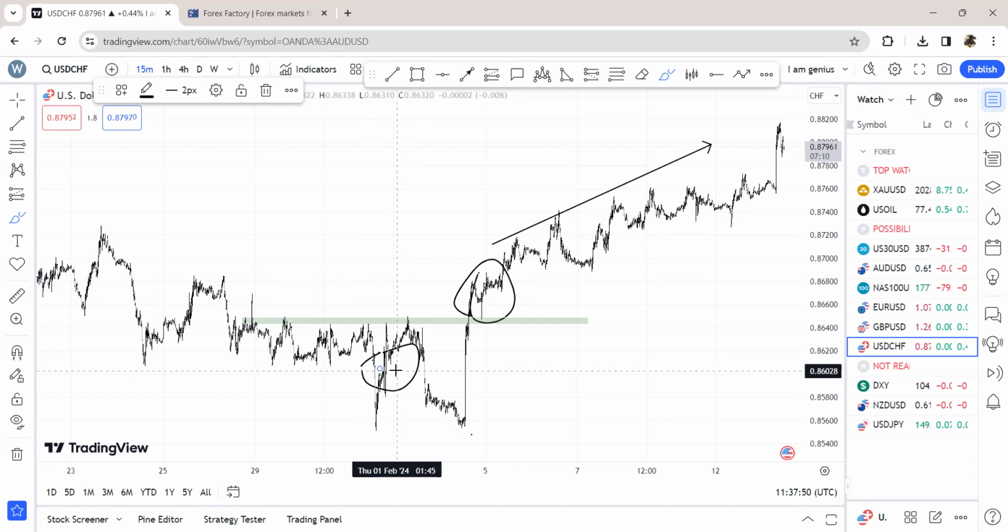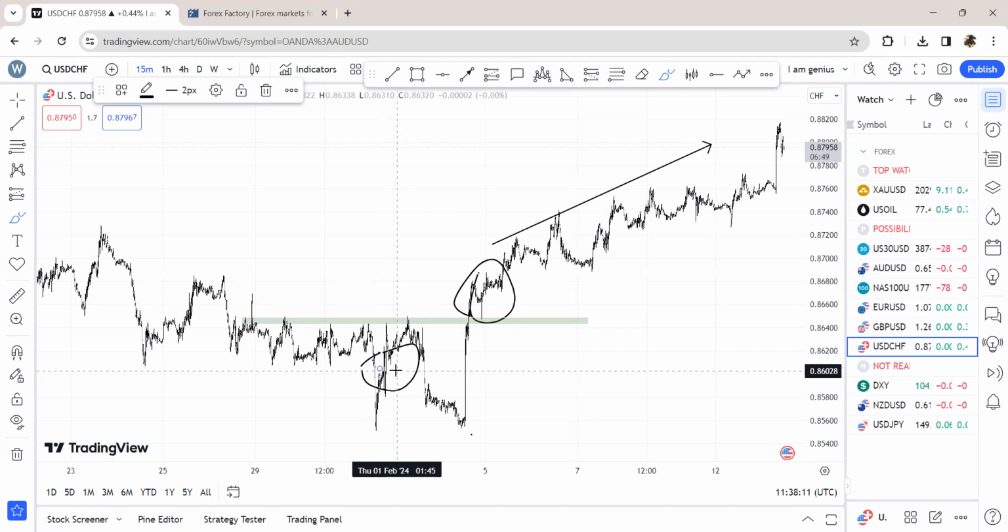At times it's like that, when the news release has a very, very high impact, but sometimes it won't go directly in the direction being backed by the fundamentals.